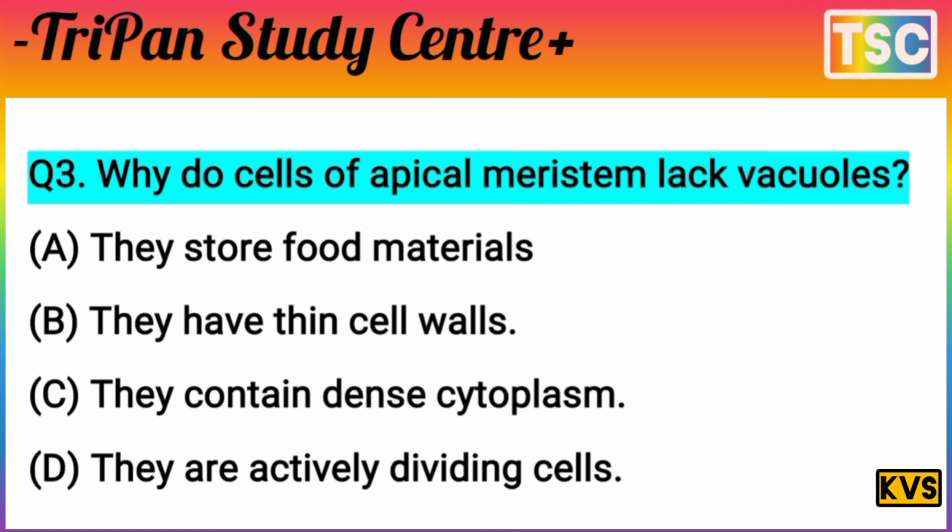Hence, they lack vacuoles. It means option D is correct. They are actively dividing cells.